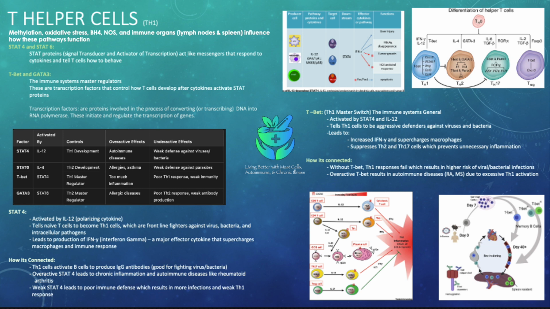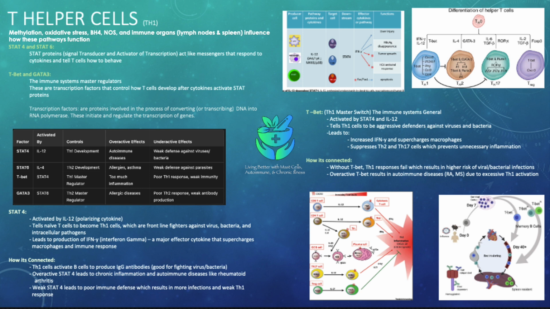Now, T-bet is the Th1 master switch and the immune system's general, so to speak. It is activated by STAT4 and interleukin 12. This tells the Th1 cells to be aggressive defenders against viruses and bacteria. This leads to increased interferon gamma and supercharges macrophages, and it suppresses Th2 and Th17 cells, which prevents unnecessary inflammation.